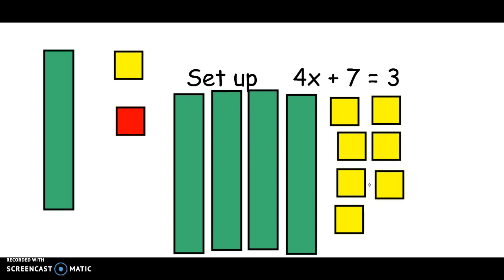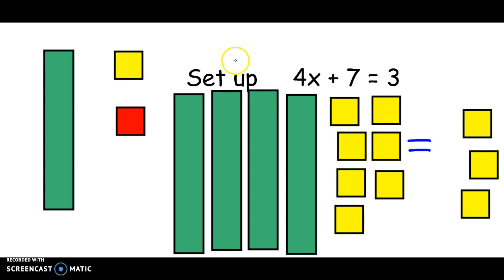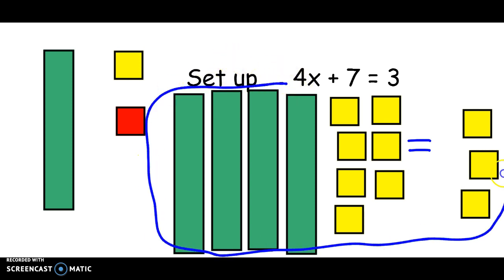Now, equals 3. How am I going to show that? Well, I'm just going to put equals, and then I'm going to put 3 more positive squares. So this entire thing right here, if you gave that to me or I gave it to you, we would both know that it was 4x plus 7 equals 3.